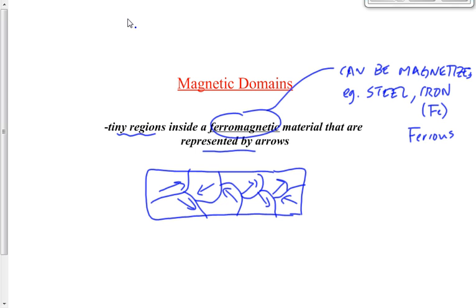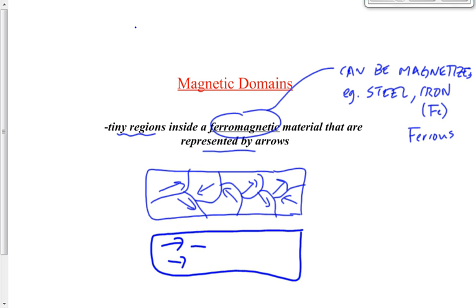Normally in a ferromagnetic material, these domains or these arrows point in more or less random directions. But we can get them to point in the same direction, and when we do, then we don't have a ferromagnetic material anymore, we have a magnetic material. We have a magnet. So if we can take these arrows that we see in this diagram here and get them pointing at least more or less in the same direction, then we've changed it from a ferromagnetic material, just a regular piece of steel that is the leg of your desk, into a magnet.